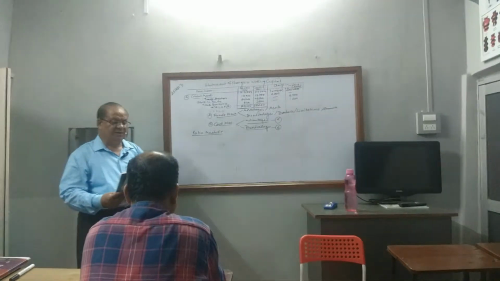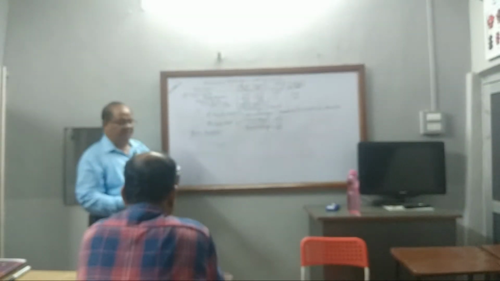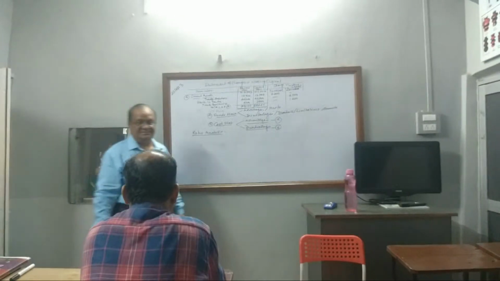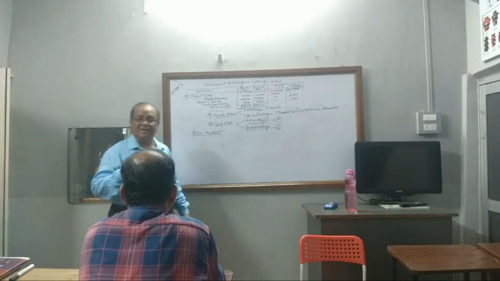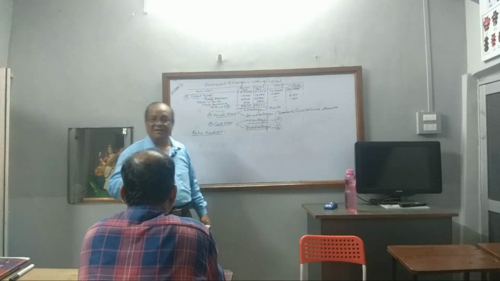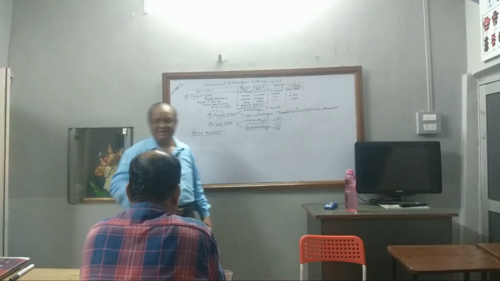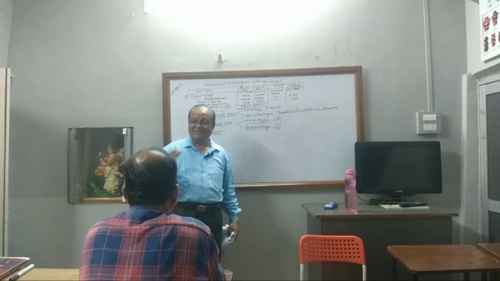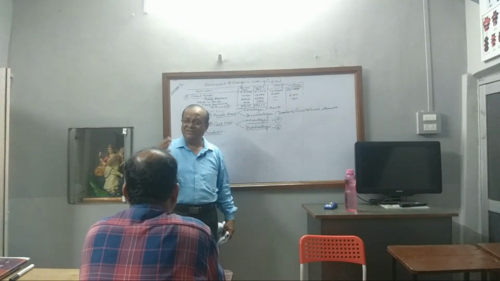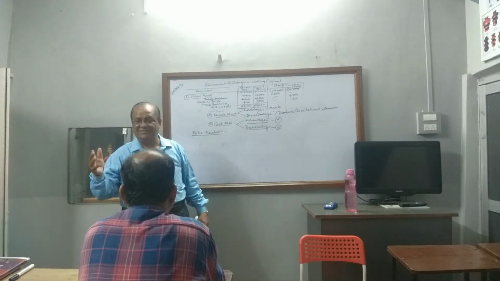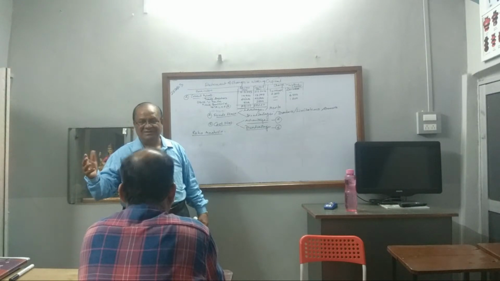The ratio is calculated by dividing one figure by the other figure. It is a mathematical number. It may be in fraction, in percentage, or given in proportion. Sometimes you will get it in percentage. This is called ratios.